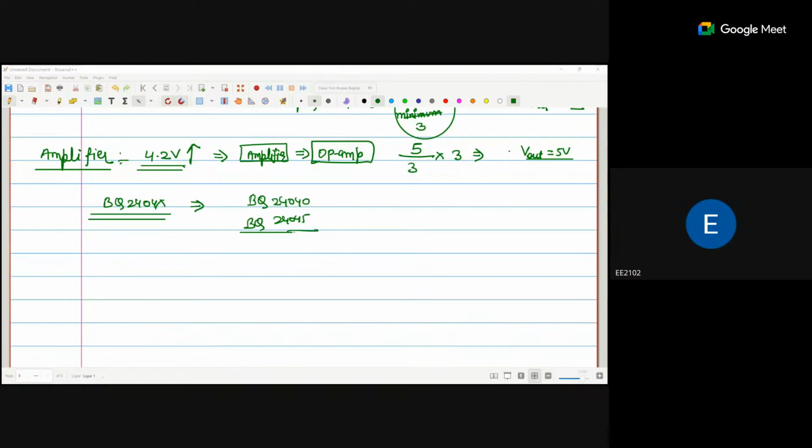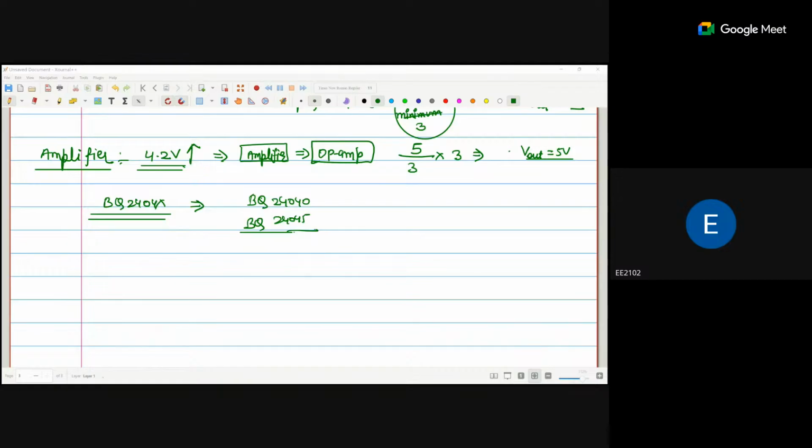If you are not charging with that charging module, there is a chance of imbalanced charging in the LiPo battery, and it will be the reason to blast. So BQ24040 is the LiPo battery charger.